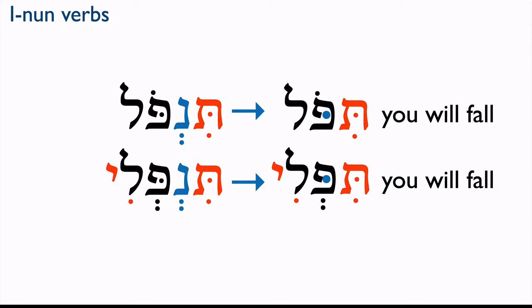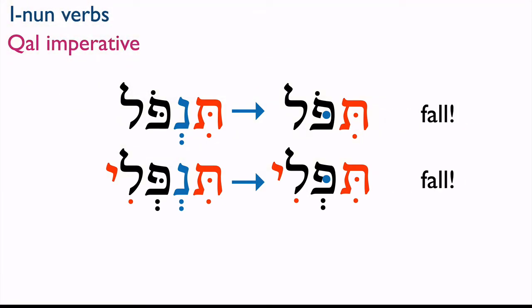You take the prefix form and, if you want to say fall, you simply get rid of the preformative. So instead of tippol, just pol. Instead of tippli, just pli. That's a good instinct. And as we will see at the end of this video, you do precisely that for one type of first nun verb.